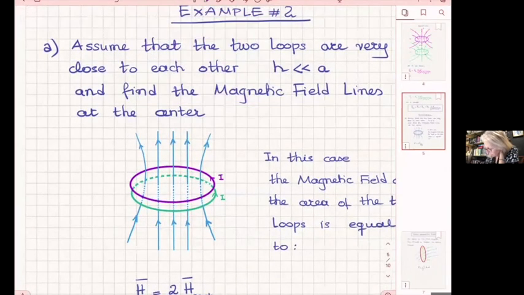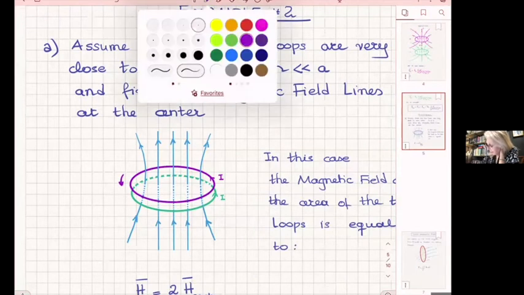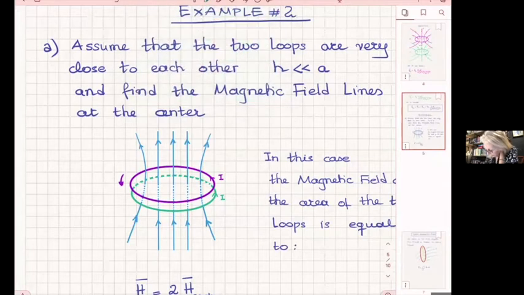The purple one would go like this, and the green one would go the opposite direction. What would happen to the total field inside, you think?